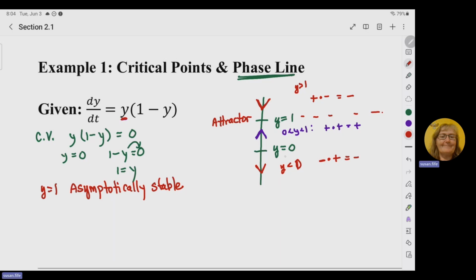But notice at y equals 0, the arrows are going away from y equals 0. They're going up when it's above and down when it's below. That makes y equals 0 a repeller. It's like at y equals 0, there's something pushing the graph away from it. And at a repeller, the graph is said to be unstable.